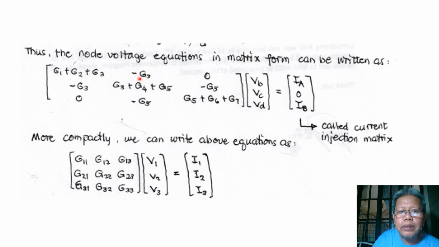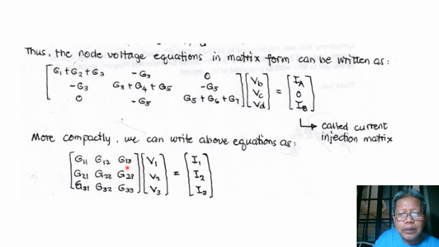For example, we have minus G3 here, and we have minus G3 there. So this one is G12, and it is the same as G21, equal to minus G3.